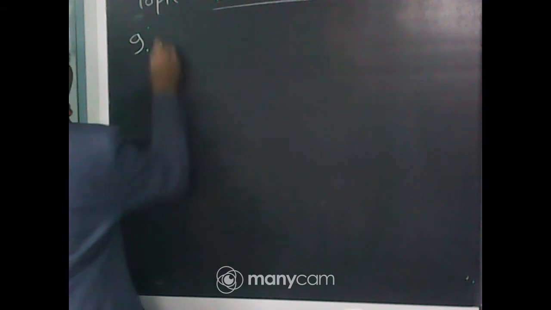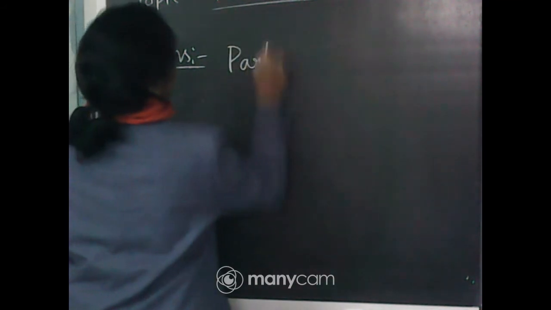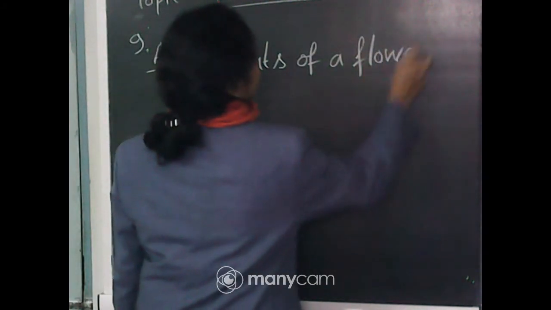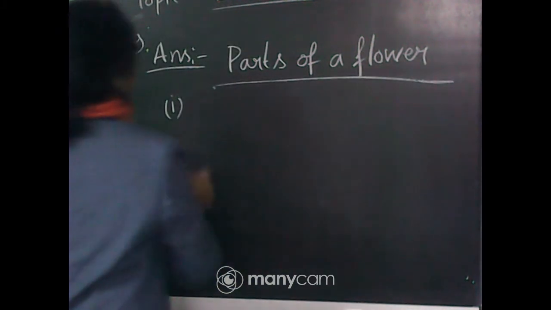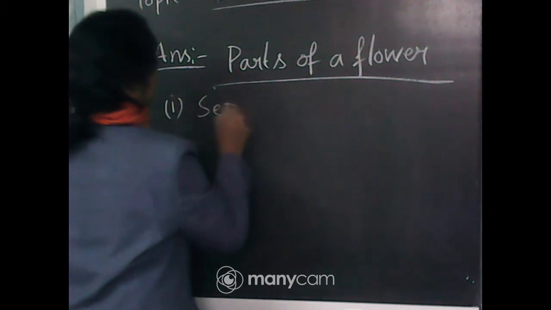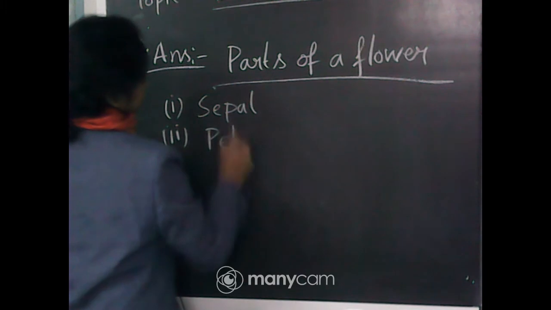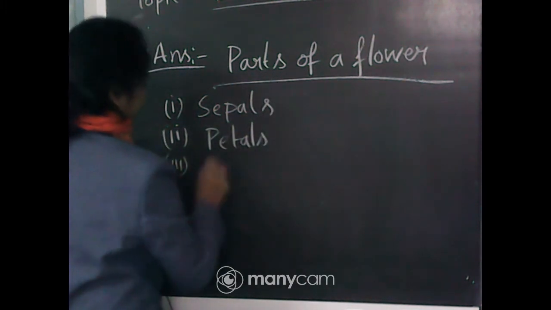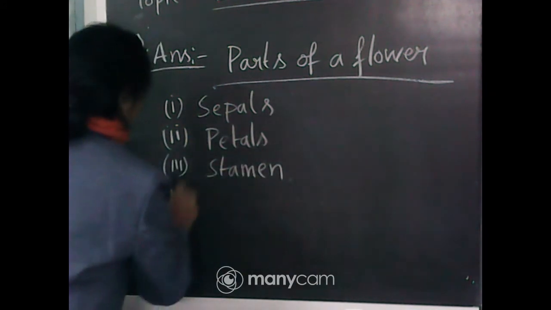Question number 9, flower. The first one is sepal, then petals, then stamen, next one pistil.